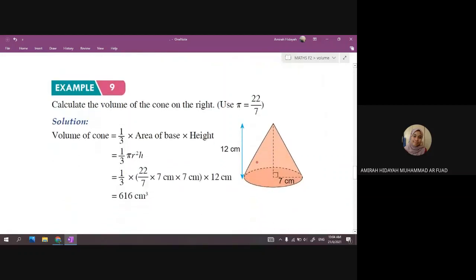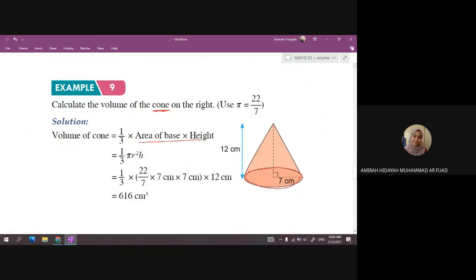And then example 9, calculate the volume of the cone on the right. Okay, volume untuk cone adalah 1/3 times area of base times height. So area of base dia circular shape kan, untuk circle.